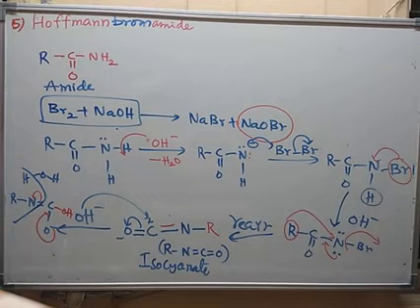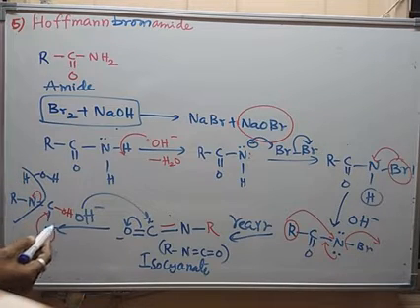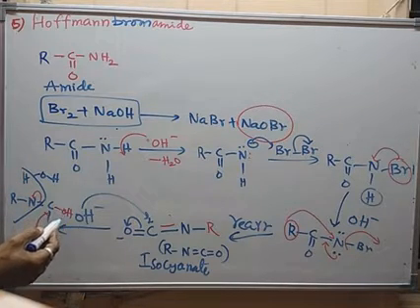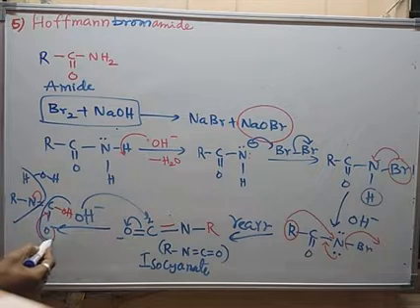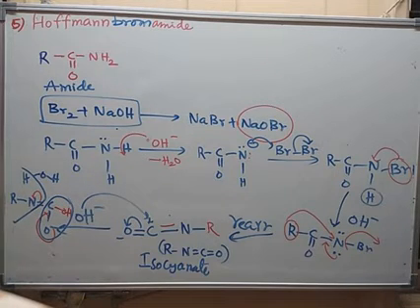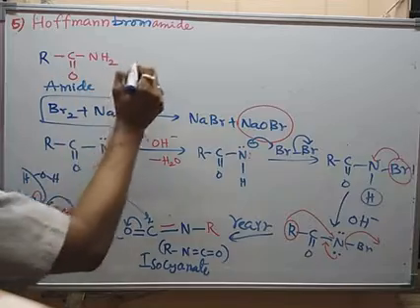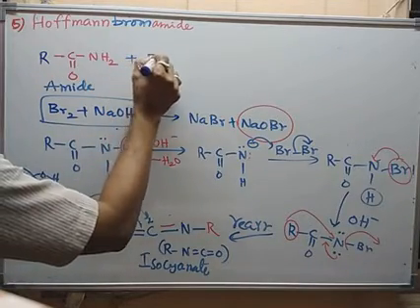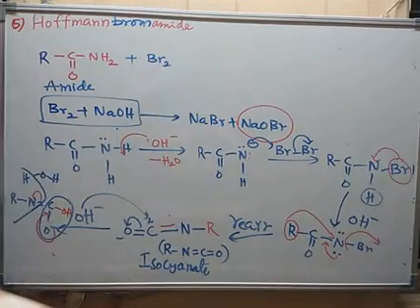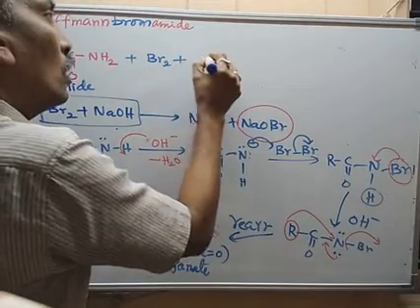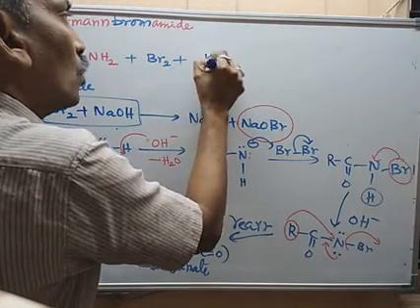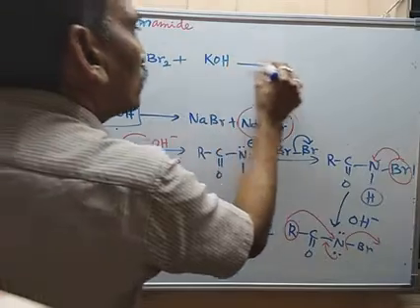The nitrogen takes hydrogen from the water molecule, and the CO is removed as carbon dioxide. Now come to the original equation in an easy way: Br2 plus KOH or NaOH aqueous.